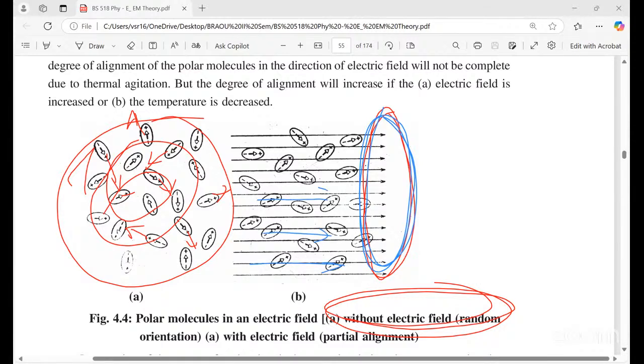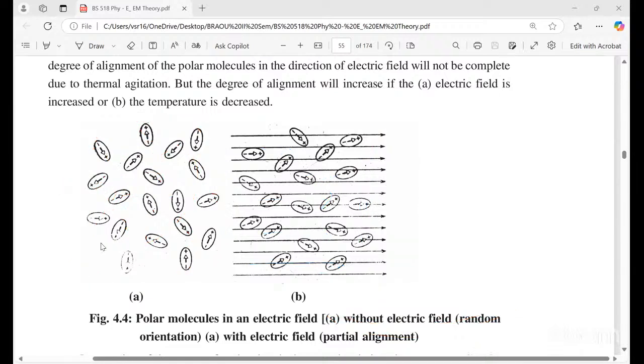The alignment should be like this. Okay, so the alignment should be like this. Like that.